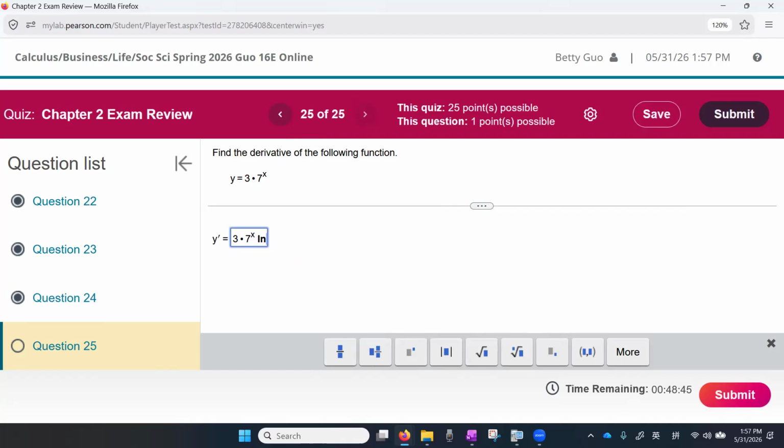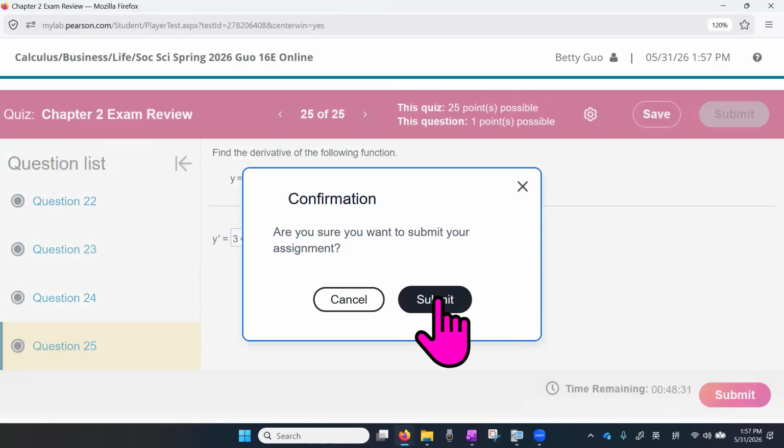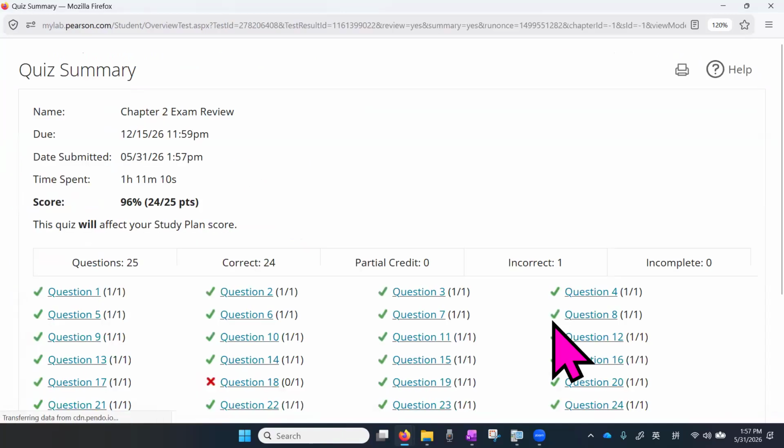That's totally fine. 3 is the original coefficient, stay there. And the derivative of 7 to the power x is 7 to the power x multiplied by ln 7. So let's see if we make any mistakes.